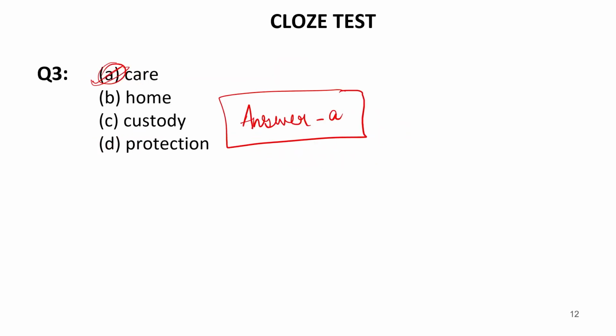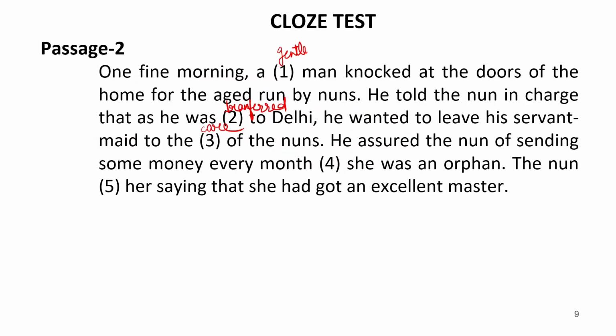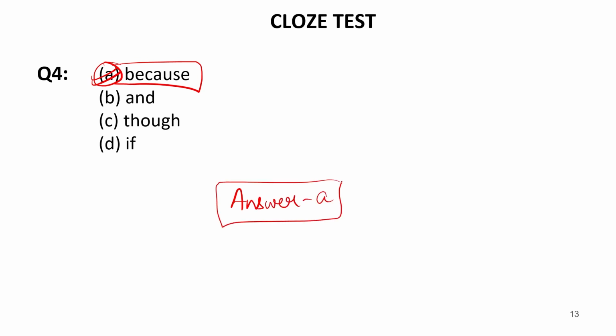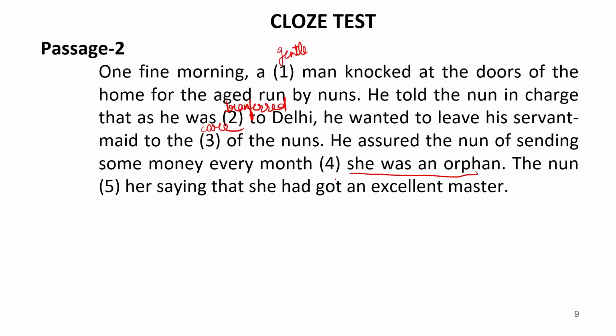Here it is written, she was an orphan. So she was an orphan is actually the reason for which he wants to send the money. Therefore, because is the suitable word over here, because it shows the reason. So the answer should be A. That is because. So he's really a nice person then. Every month because she was an orphan.